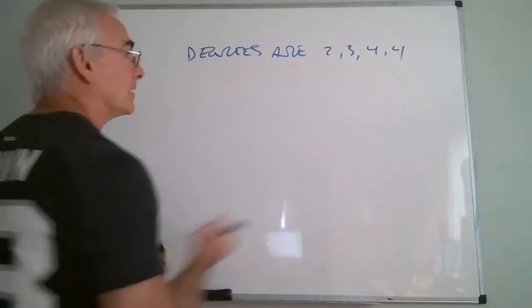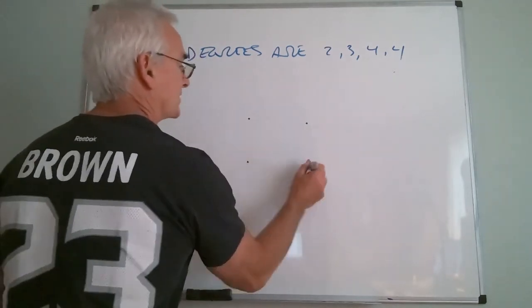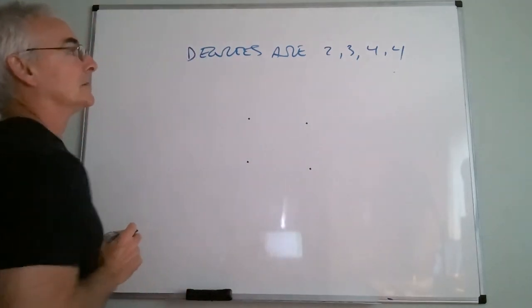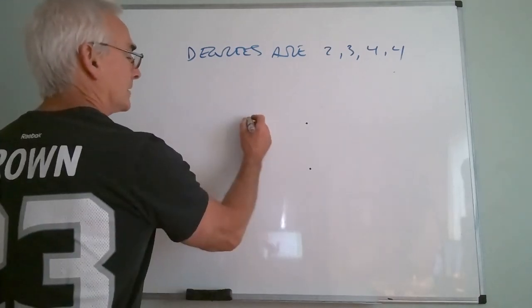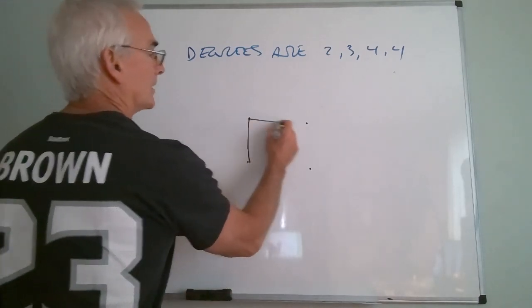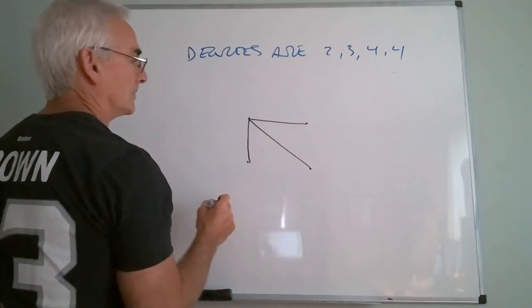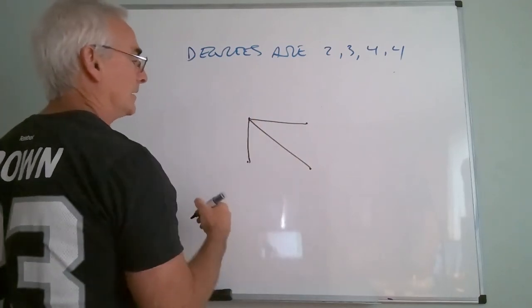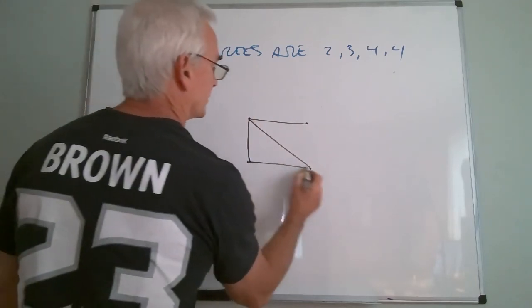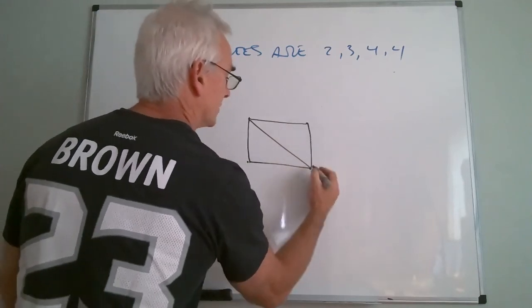So I tend to like to do this because it's easier for me to see. So I can go like this. I can go like that. I can go like that. Well, there's my 3. So there's a 2, and there's a 2. Oh, no, that's a 3.